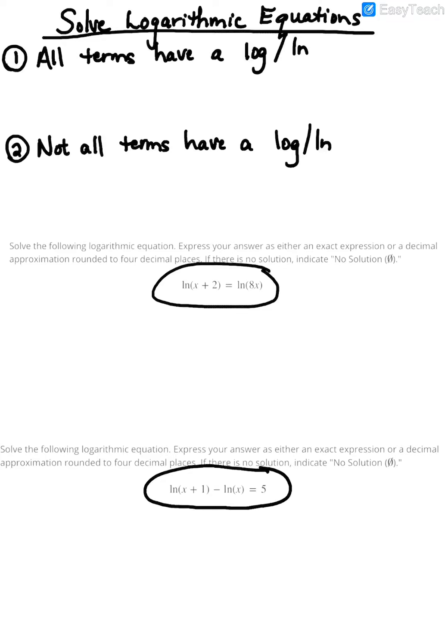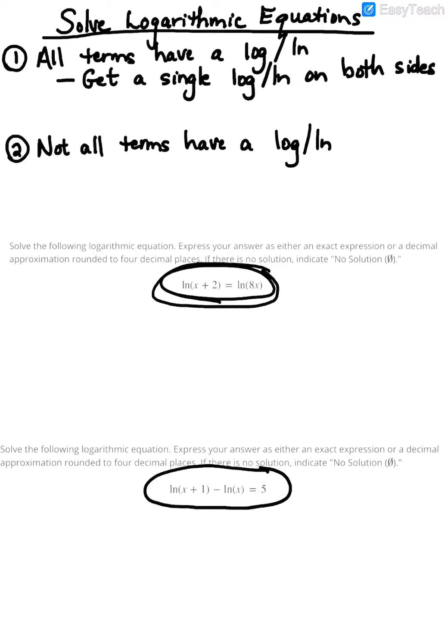So the approach is different based on which type you have. If all terms have a log, your goal is to get a single log on both sides using your properties. Sometimes that may already be done for you, such as in this example, and sometimes it may not, and we'll look at some future examples where it's not.